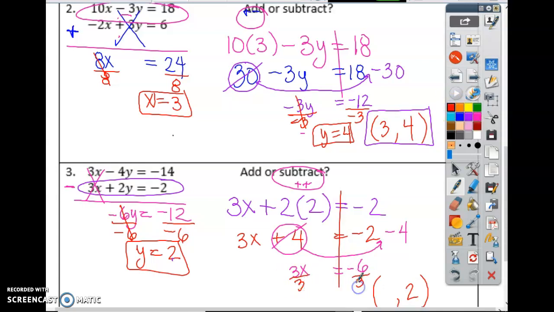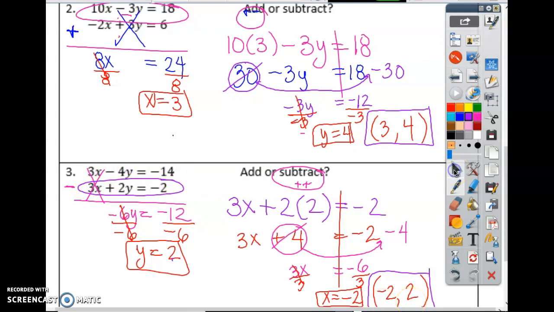What is my x? In decimals, you're going to put negative 6 divided by 3. Negative 2. Okay, so that's my x, negative 2. That means these two lines cross at negative 2, comma 2. When you put them in decimals, they intersect here, negative 2, comma 2.